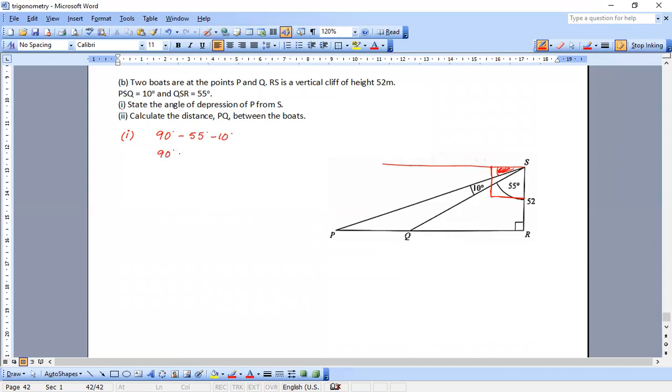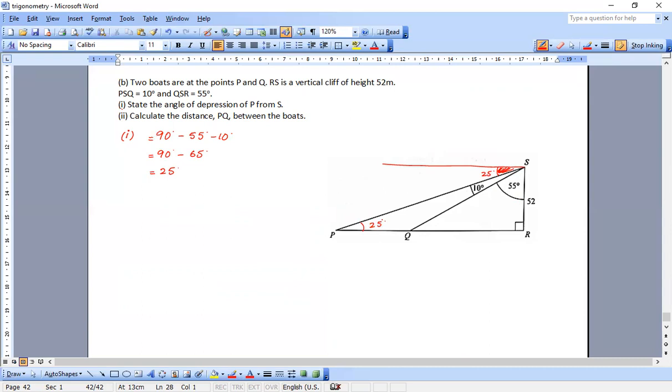I can say this is 90 minus 65, which is equal to 25 degrees. So the angle of depression is going to be 25 degrees. And if this angle is 25, then this angle is also 25.